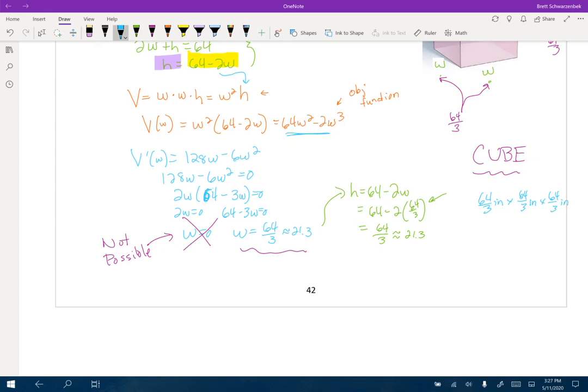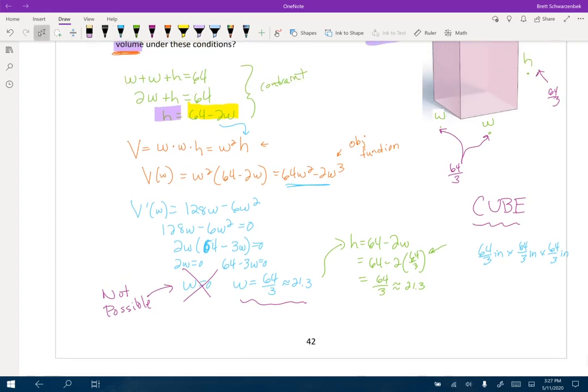So what is the actual maximum volume? Well, all we have to do is, these are the dimensions, let me write that. Dimensions, max volume. So that's going to be plugging in V of 64 thirds. So basically a lot going on here. Do you need to do that? Of course not. You can just multiply these out. But I always give this as an example anyway so that students understand you can find it either way.